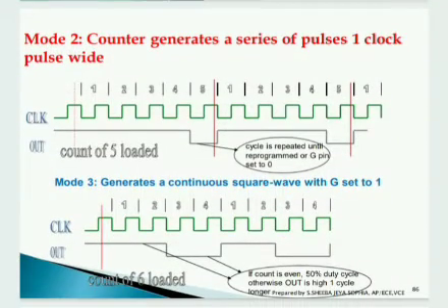If you select mode 2, the counter generates a series of pulses, one clock pulse wide. The cycle is repeated until reprogrammed or the G pin is set to 0. If you select mode 3, it generates a continuous square wave with G set to 1. If the count is even, a 50% duty cycle is set. Otherwise, out is high for one cycle.